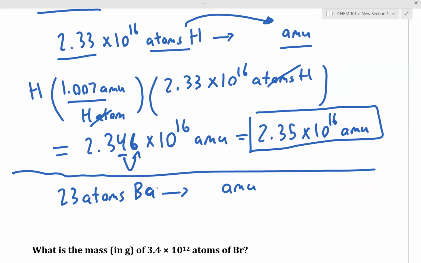Any questions? Everything going okay? Looks good? Okay. Any questions? And do you have a copy of the periodic table? You're welcome to pull it up on your phone. Yep, it looks good. Setup looks good.